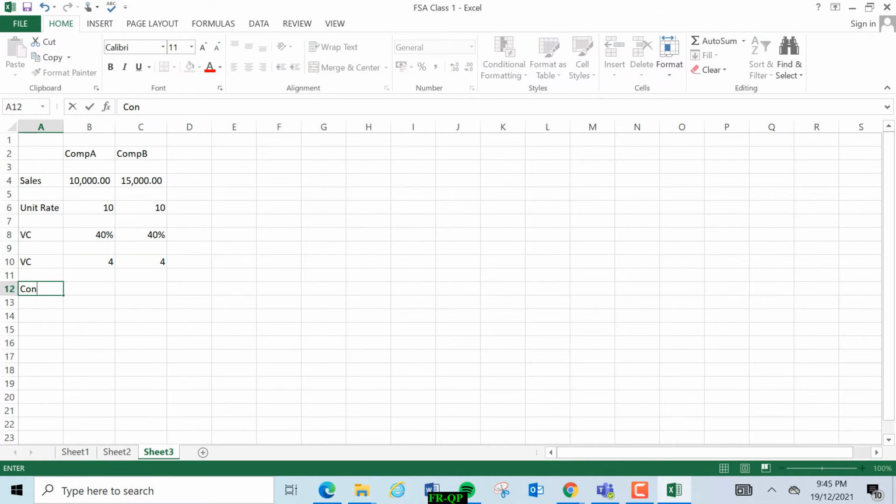So what is the contribution? 6. Now you have a fixed cost that is fixed for both the companies, 5,000 and 5,000.